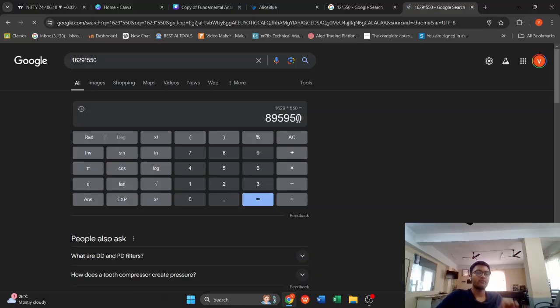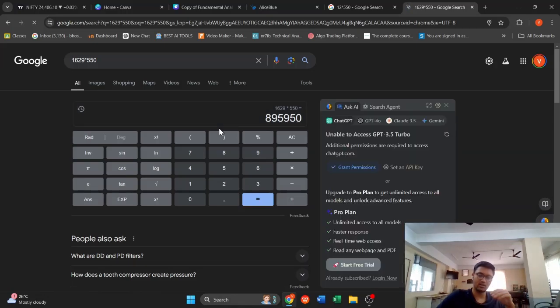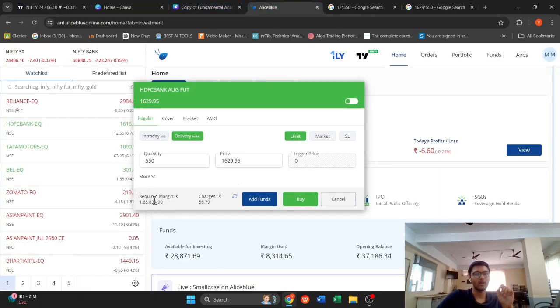With the same 550 shares, if it moved 12 rupees up tomorrow, you will be making a profit of around 6,600 rupees. But future trading allows you to give just 1,65,000 rupees for 550 shares and make the same amount of profit.